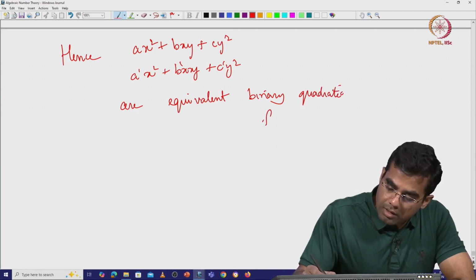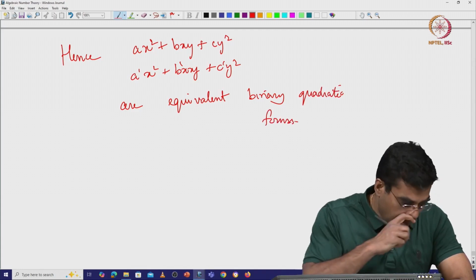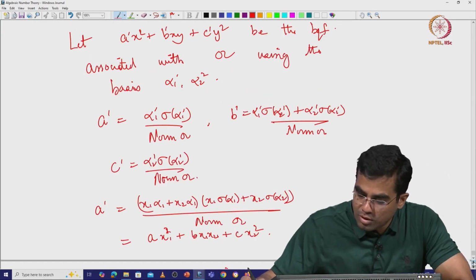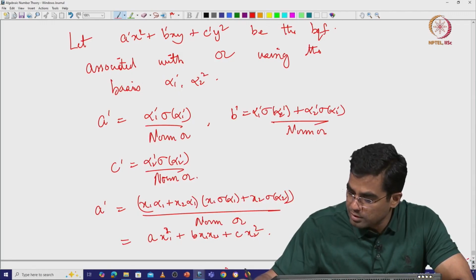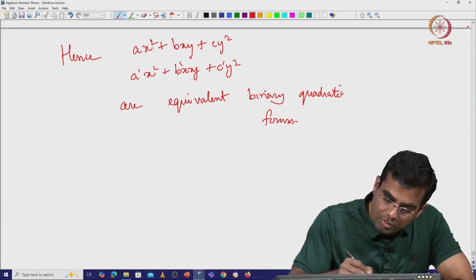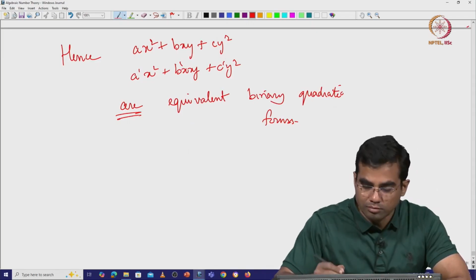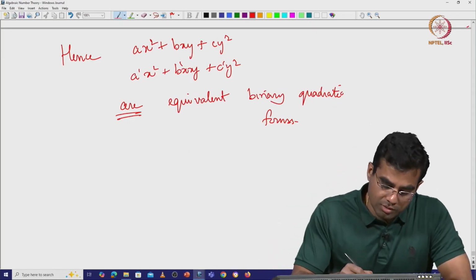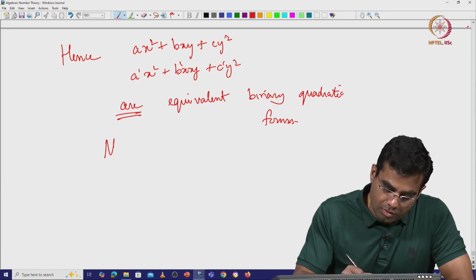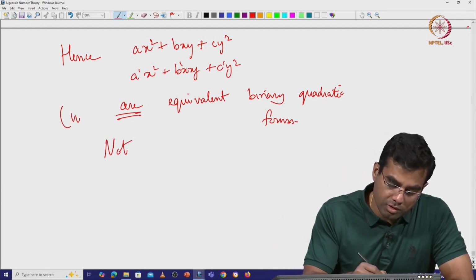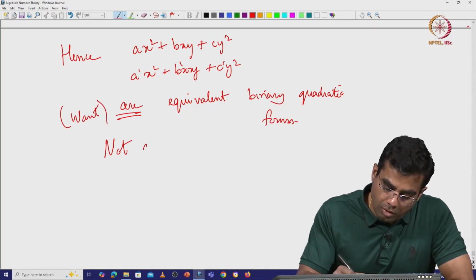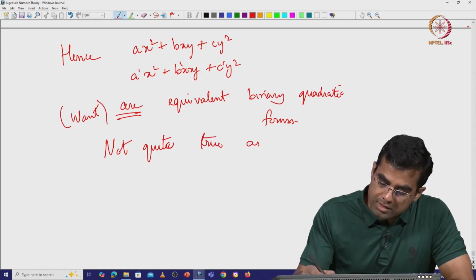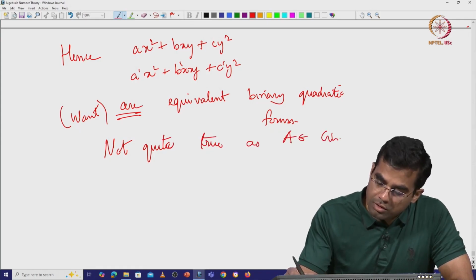This is not quite true, because my matrix A is in GL2Z, as A belongs to GL2Z.